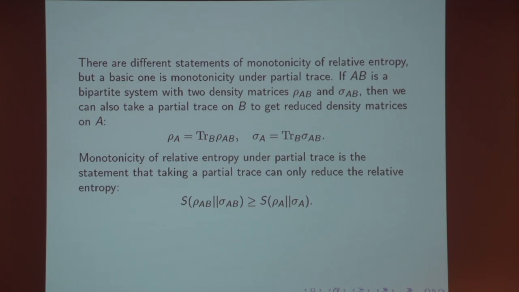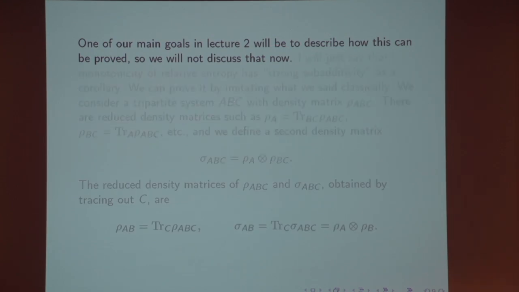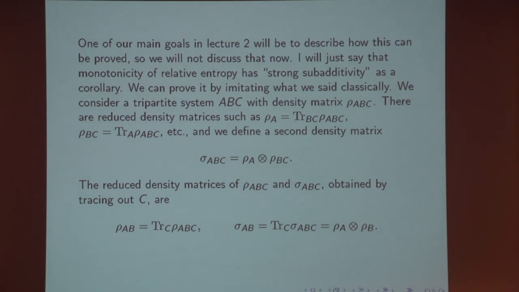So that's part of what was proved by Lieb and Ruskai. And it's analogous to what we did classically, where we showed that integrating out one variable can only reduce the relative entropy. One of our main goals in lecture 2 will be to describe how to prove this. So we won't discuss that now. But I do want to show that it has strong subadditivity as a corollary.